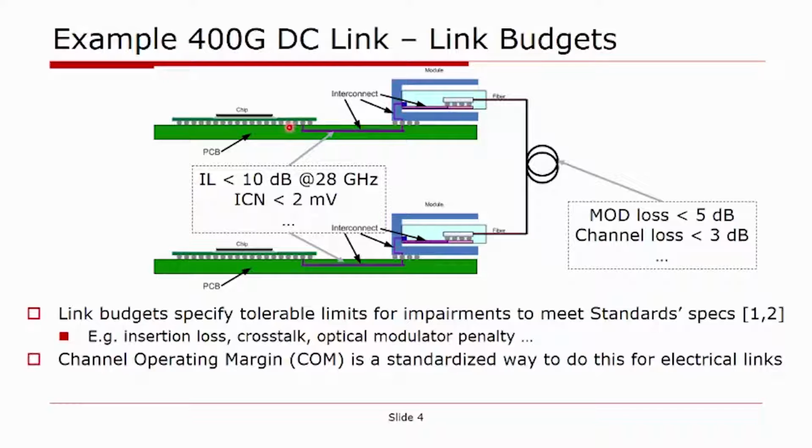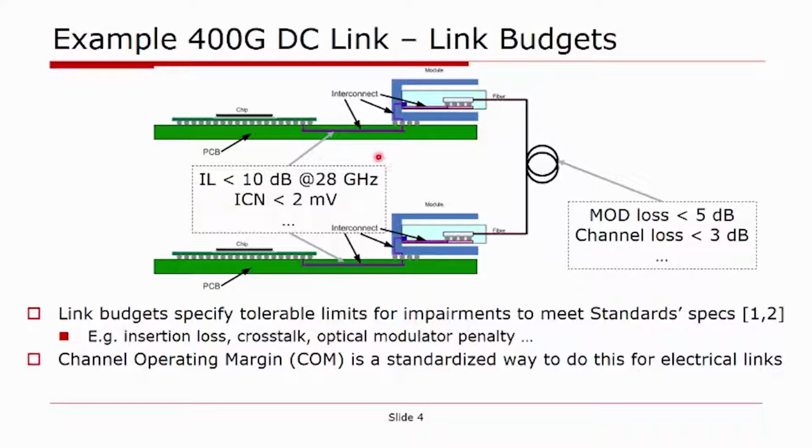We can notice that there are actually two distinct links: a relatively short, maybe a few inches long copper link between the switch IC and the optical transceiver, and a longer optical link between the two optical modules themselves.